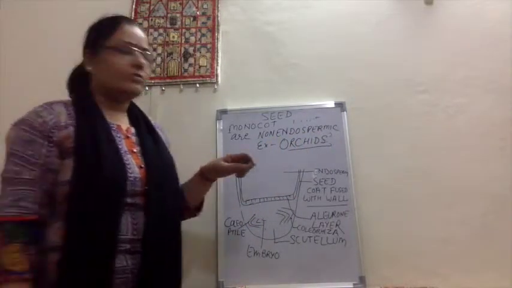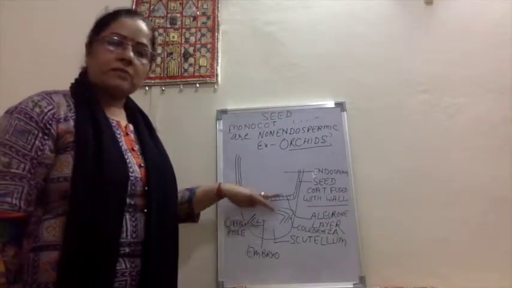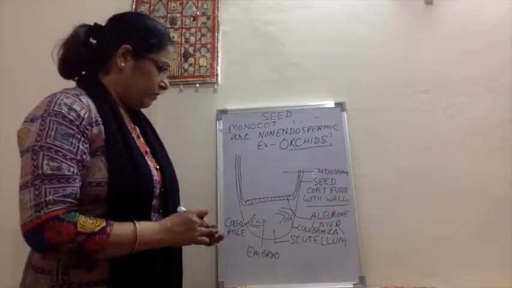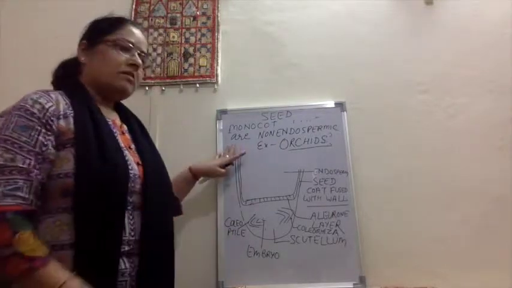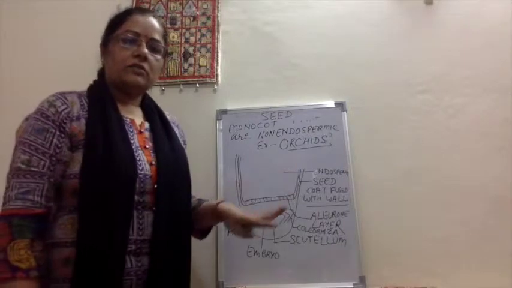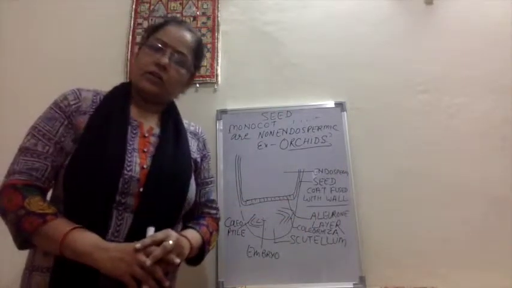They don't store food, but maximum monocots are endospermic and store food in one cotyledon. All are edible cereals. So this is all about the seed, monocot and dicot seeds.